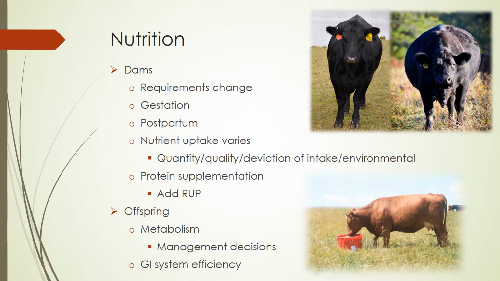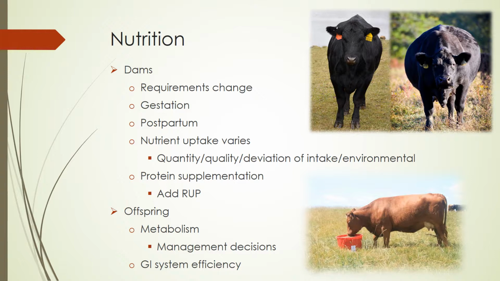These additional requirements need to be accounted for when nutritionally managing these gestating cows. Some studies have shown that the nutritional requirements of a spring calving cow grazing dormant range during late gestation typically exceed the nutrient value of the grazed forage. This lack of nutrient availability aligns with the additional nutrient requirements of the dam during late gestation.